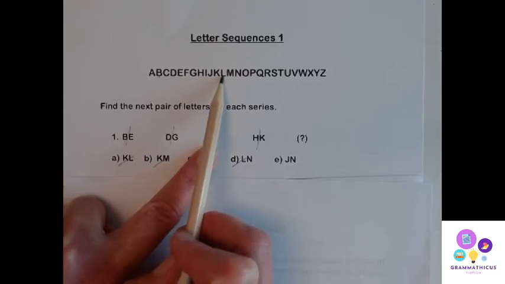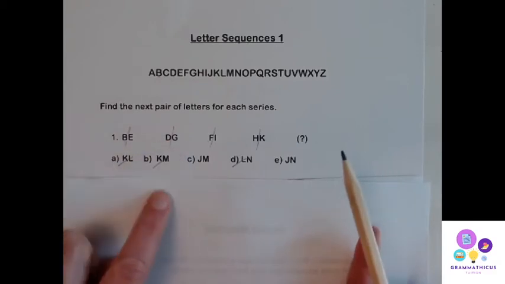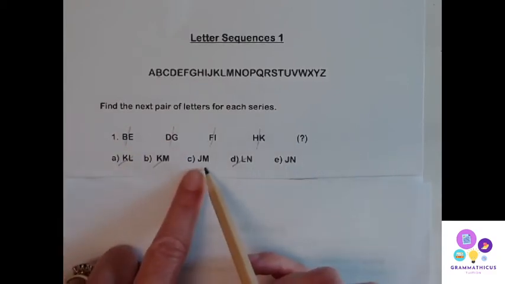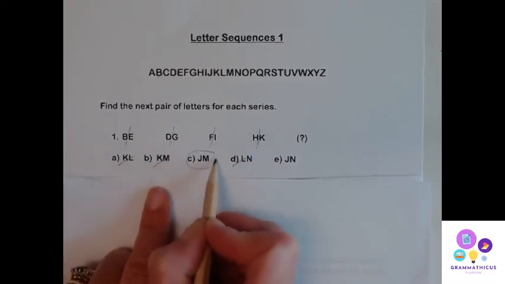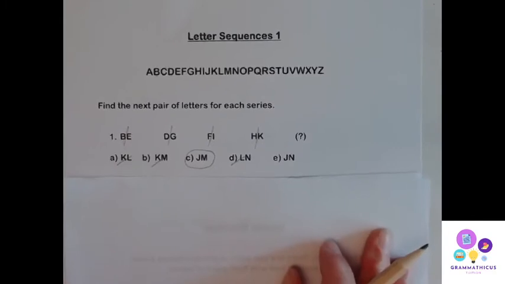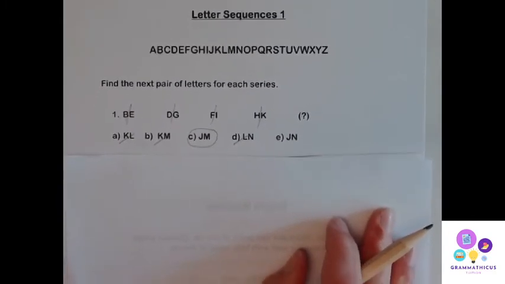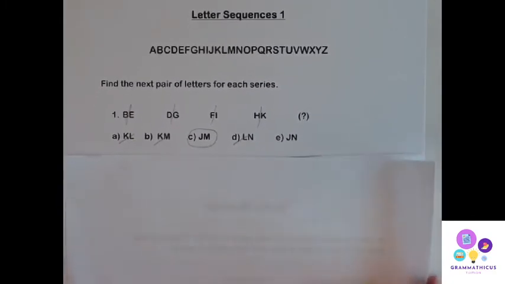K to 1, 2 is going to get me to the letter M. So my new pair of letters to complete this series is JM. I'm going to circle that and make sure that I complete my multiple choice answer sheet with JM.